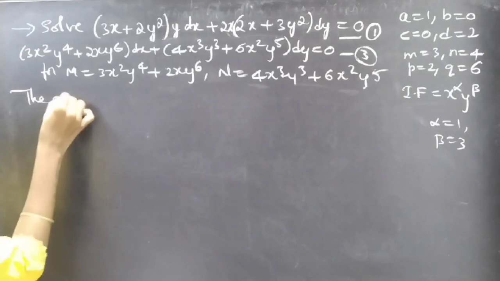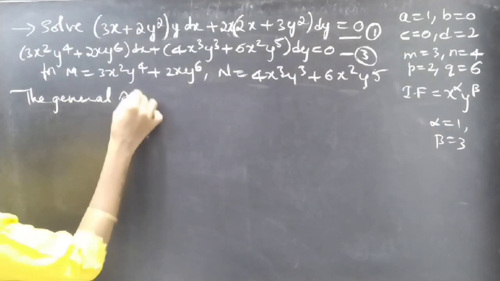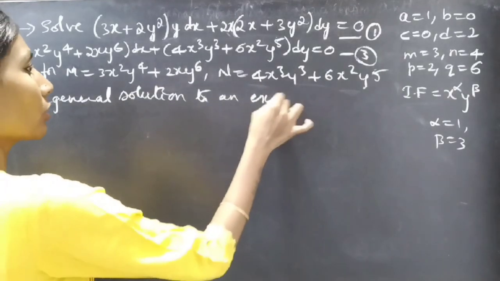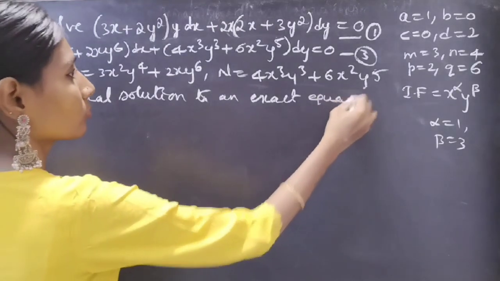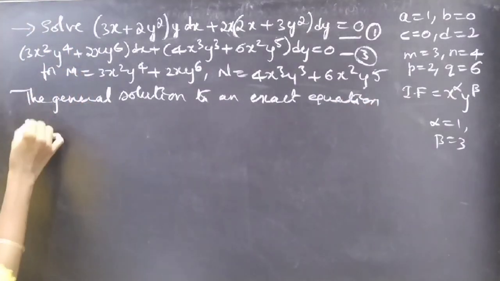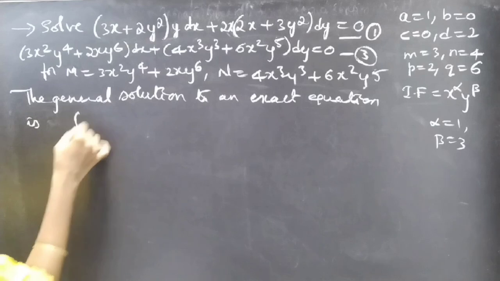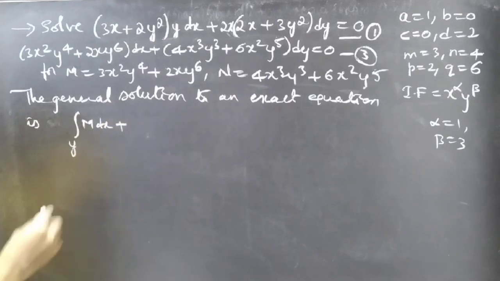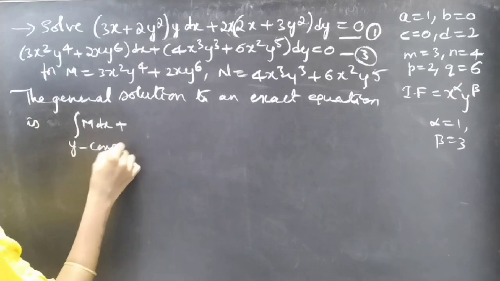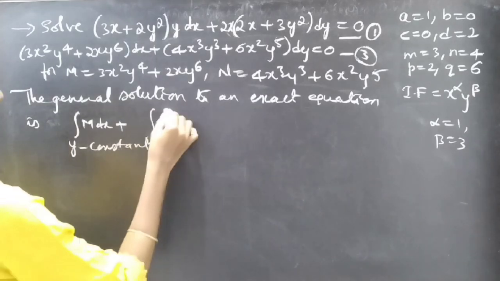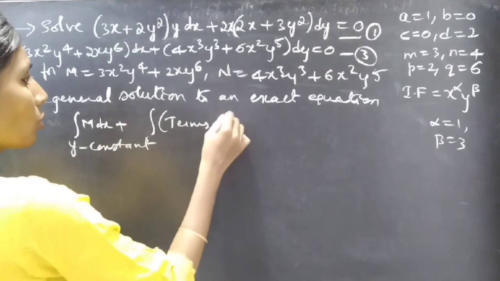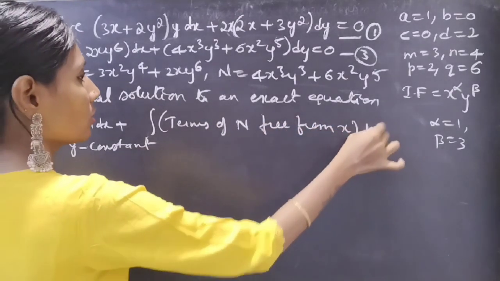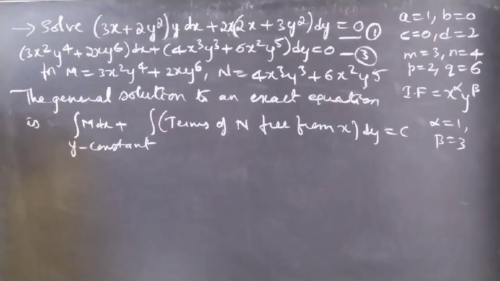The general solution to an exact equation is given by the integral of m dx, treating y as constant, plus the integral of terms of n free from x into dy, equal to c.